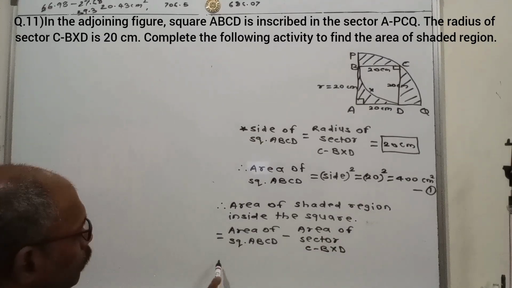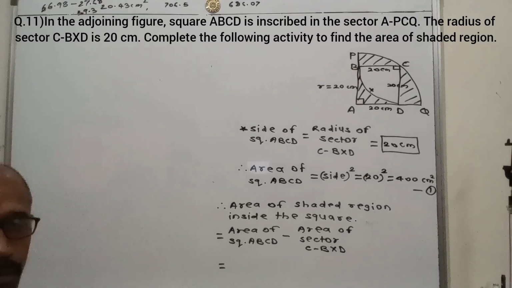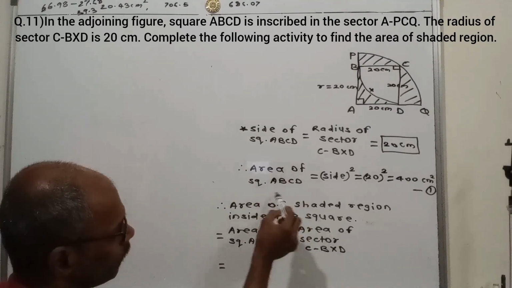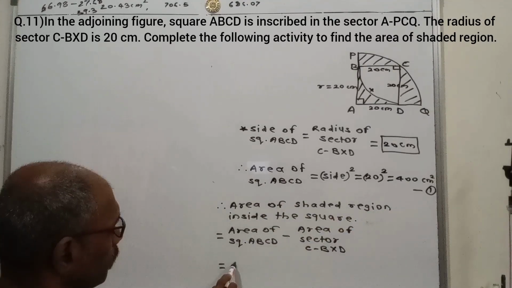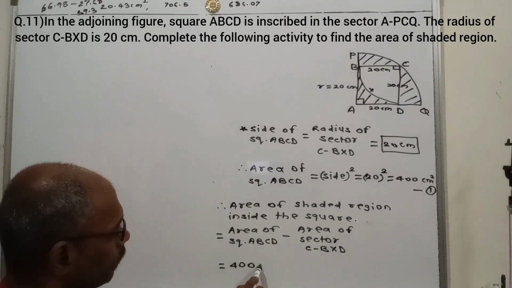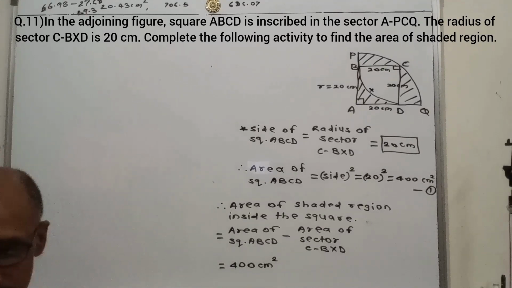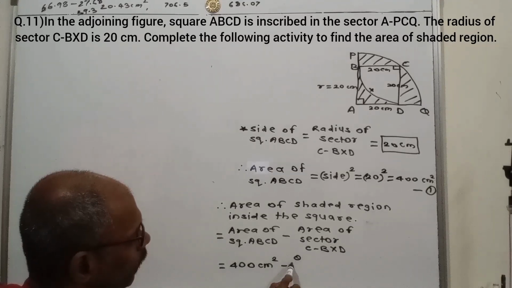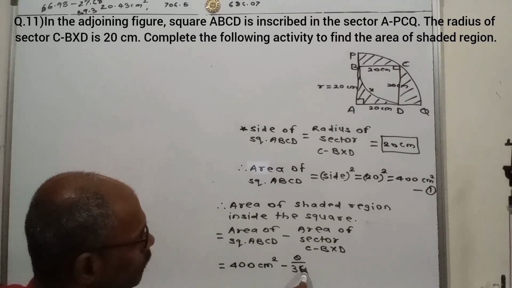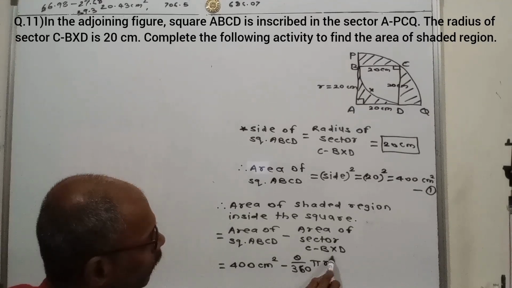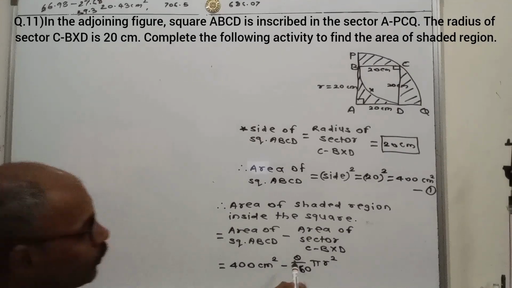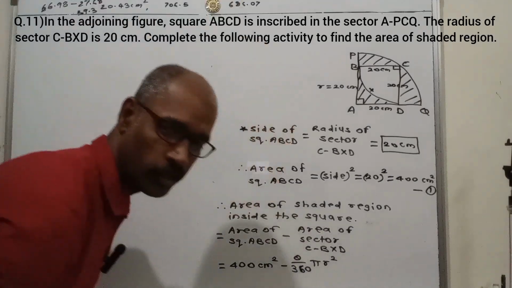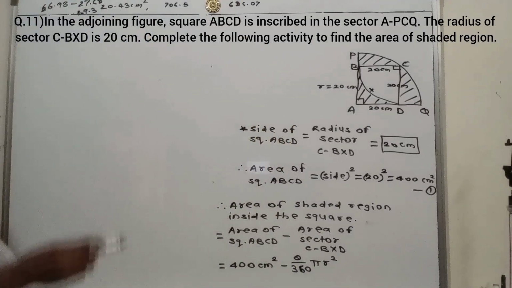Therefore, we put values. What is the area of square ABCD? 400 centimeter square minus area of sector, which is theta upon 360 pi r square. Now theta, this angle, is a right angle, so theta is 90 degree.